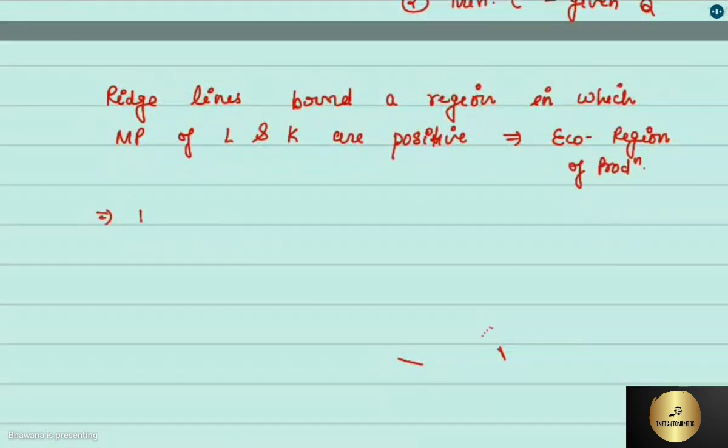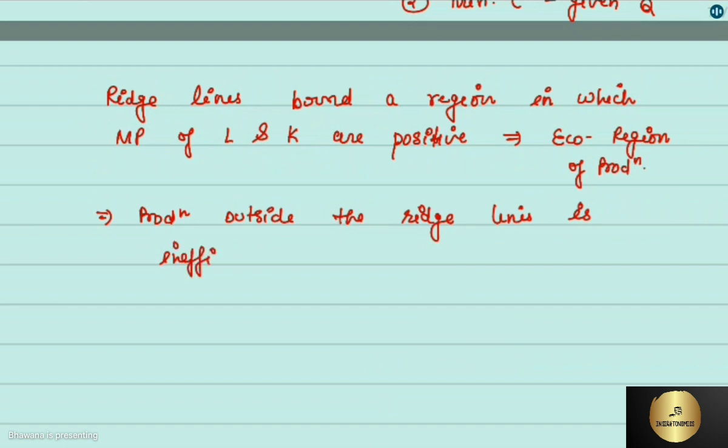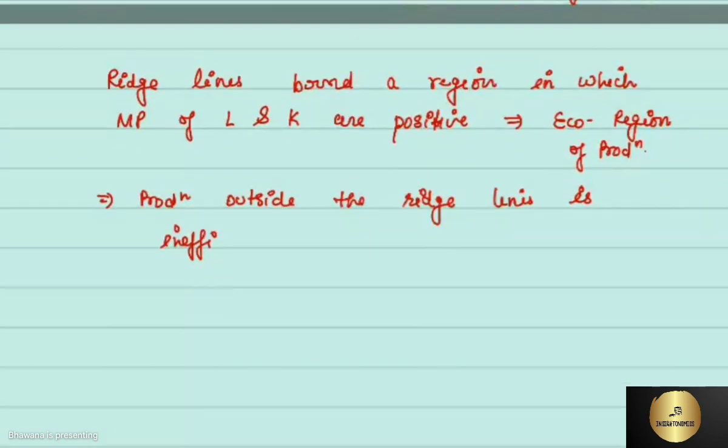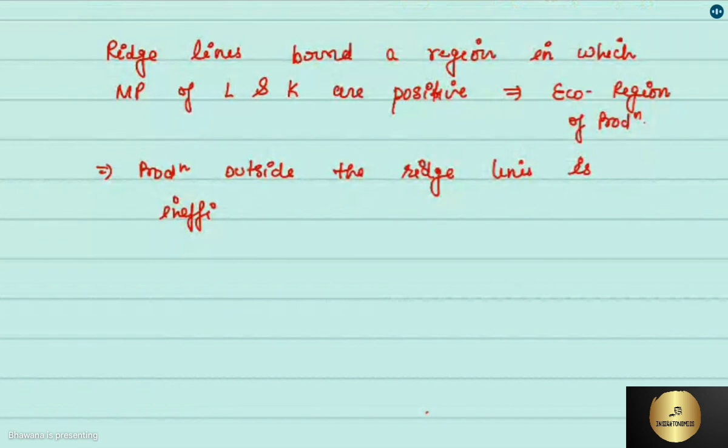And production outside the ridge lines is inefficient, as the producer is neither maximizing his or her output for the given level of cost, nor minimizing his or her cost for a given level of output.